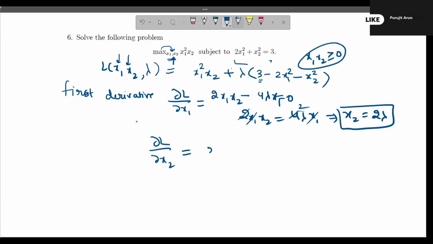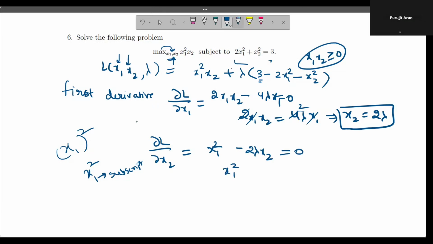It is x1 square minus lambda times 2 x2, so x1 square minus 2 lambda x2, which we set equal to 0.